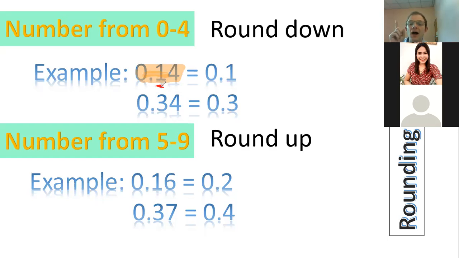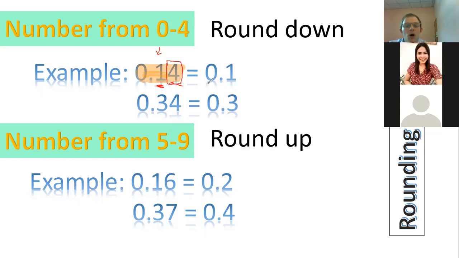Now, if we want to round to the nearest tenth, which is this number here, we have to look at the one next to it. So the rule is from 0 to 4, we round down. Here, this number is a 4, so we're going to round down.